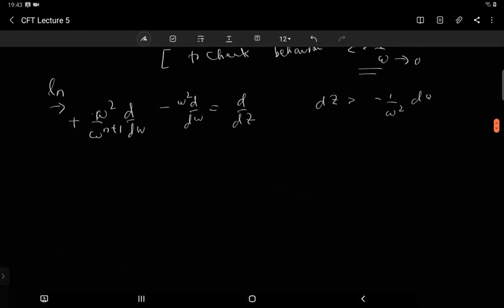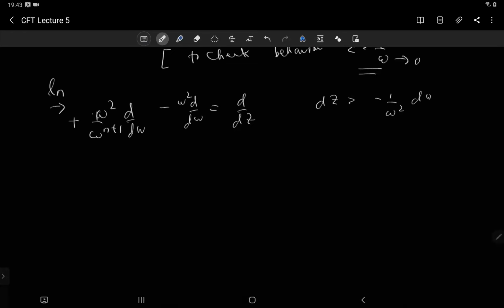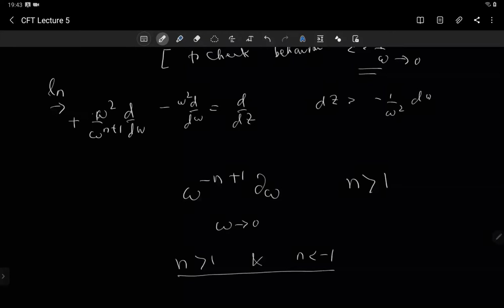Now you have to look at omega goes to infinity, goes to 0. So this is omega to the power minus n plus 1 dd omega del omega. And now you look at omega goes to 0, and we see that if n is greater than 1, this is not well defined. So we can conclude from these 2 points that n greater than 1 and n less than -1 both are not well defined everywhere.